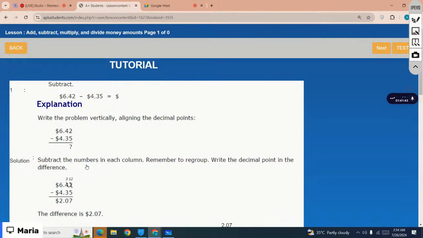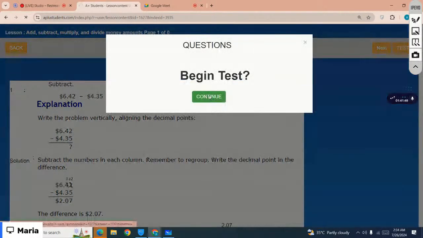Okay, so let's just start with the test questions. You simply have to add, subtract, multiply, and divide the money amounts, right? So let's just start with the lesson.